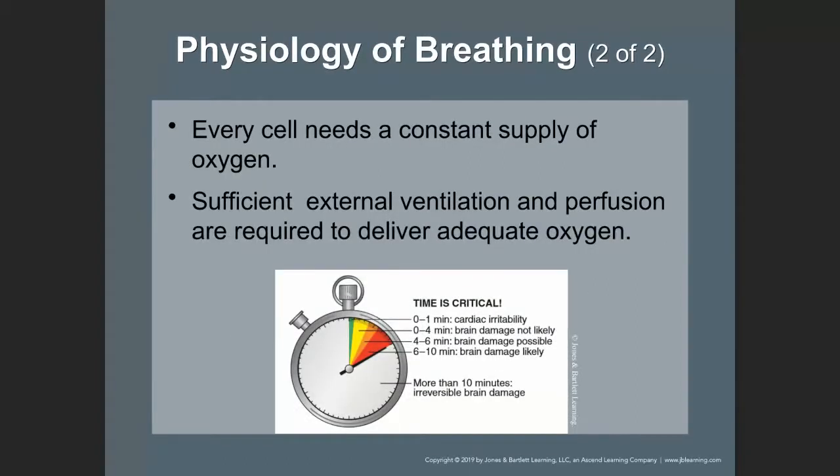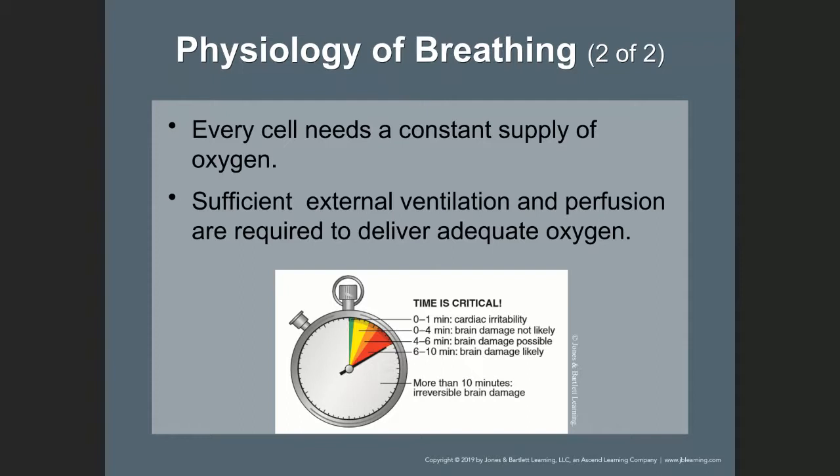Every cell needs a constant supply of oxygen. Sufficient external ventilation and perfusion are required to deliver adequate oxygen. So time is very important. 0 to 1 minute without proper oxygenation can result in cardiac irritability. 0 to 4 minutes, brain damage is not likely at this point, but the brain is going to start to be affected. 4 to 6 minutes without proper oxygenation, brain damage may be possible.